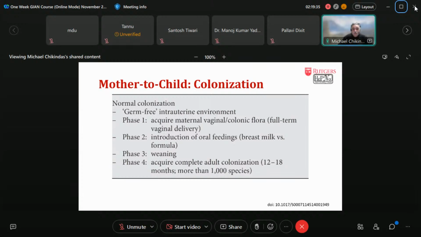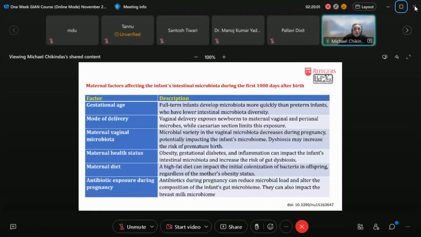Then the introduction of oral feeding, breast milk, and the microorganisms that are coming with the breast milk, weaning, and then the last phase, the complete colonization. As I mentioned before, by one year old or one and a half years old, if everything goes right, we have a complete colonization.